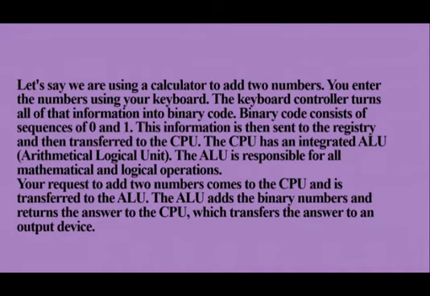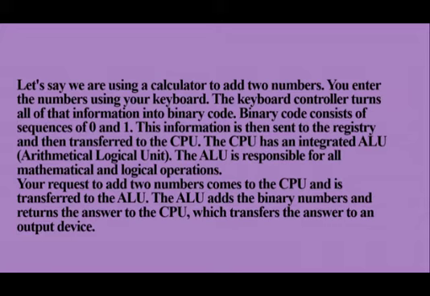Let's say we are using a calculator to add two numbers. You enter the numbers using your keyboard. The keyboard controller turns all of that information into binary code. Binary code consists of a sequence of 0 and 1. This information is then sent to the register and then transferred to the CPU.